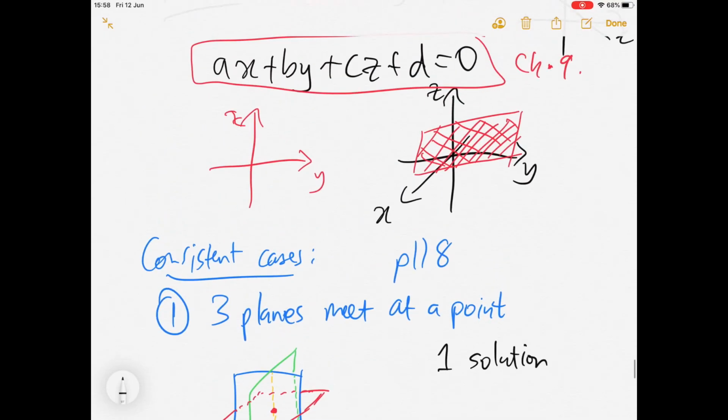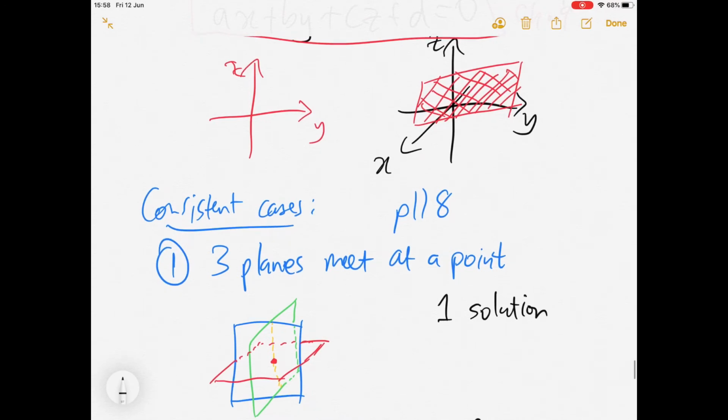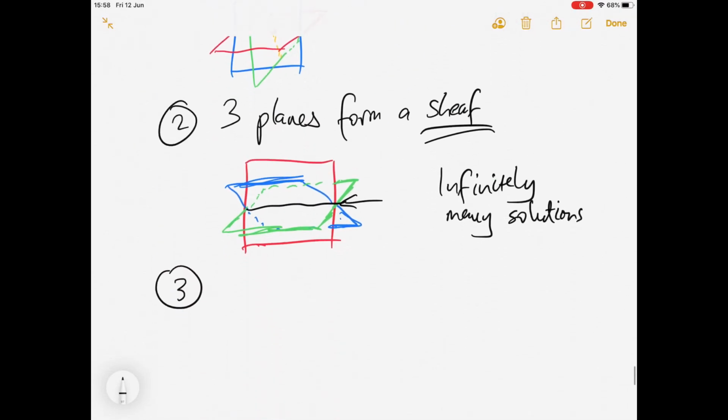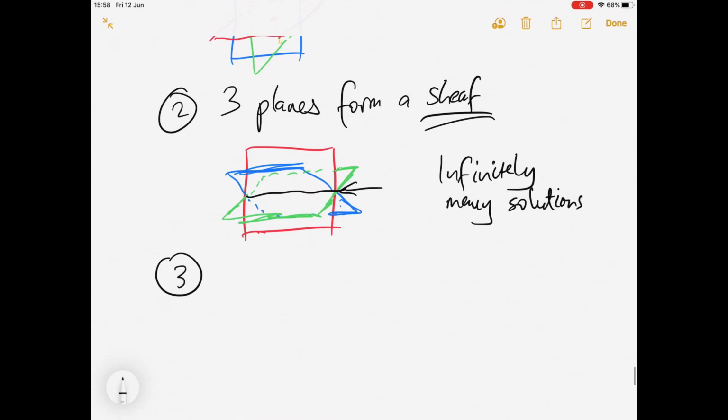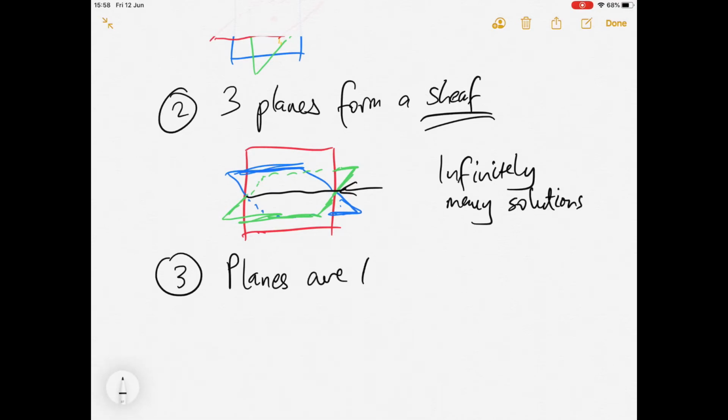I should really say we're specifically interested, when we're talking about these consistent cases, in systems of three linear simultaneous equations. So the third case is where the planes are the same.